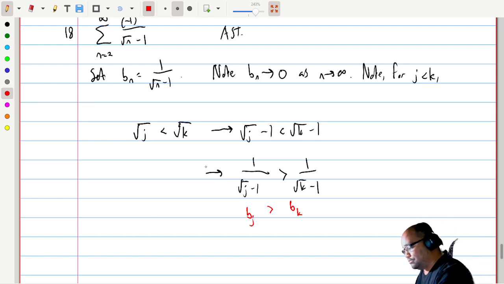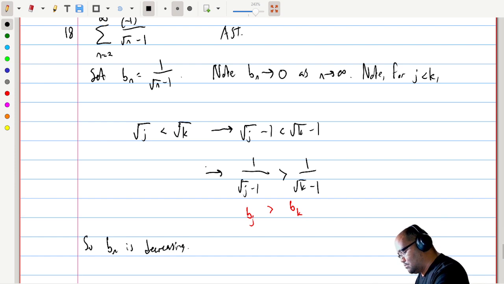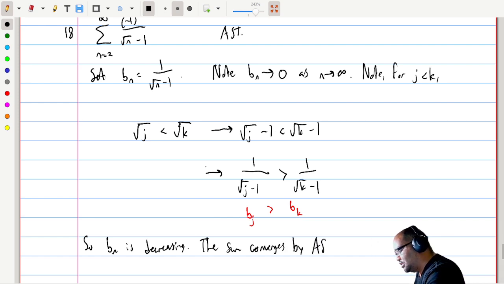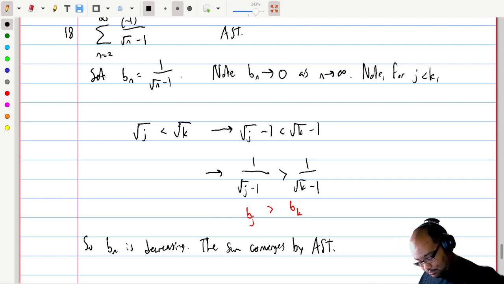So this is decreasing. So we know that the sum converges by AST, by the alternating series test.